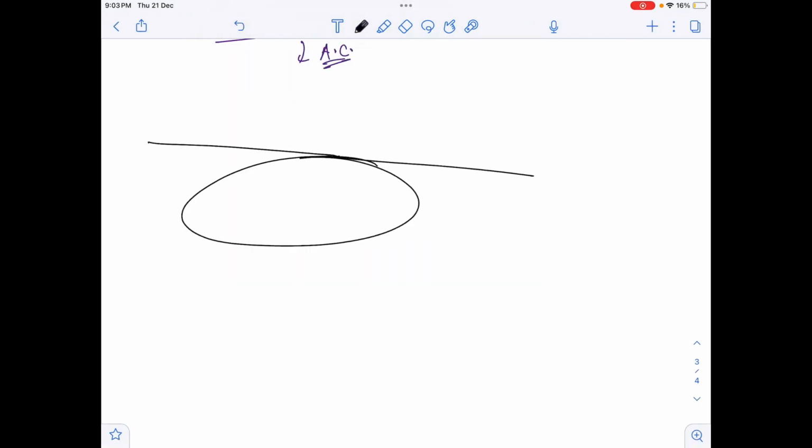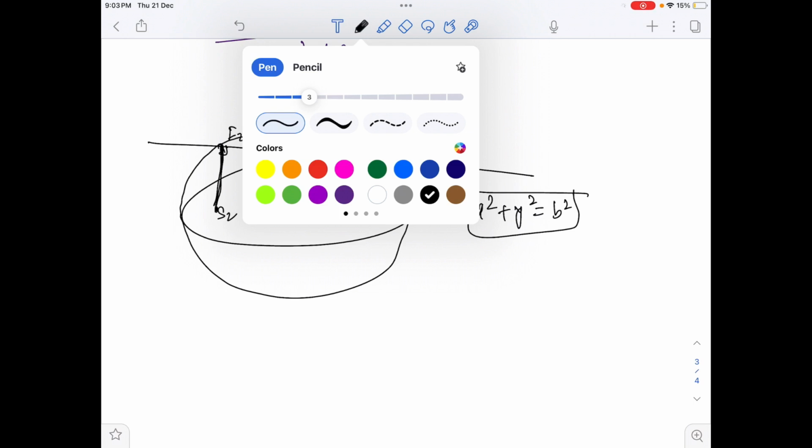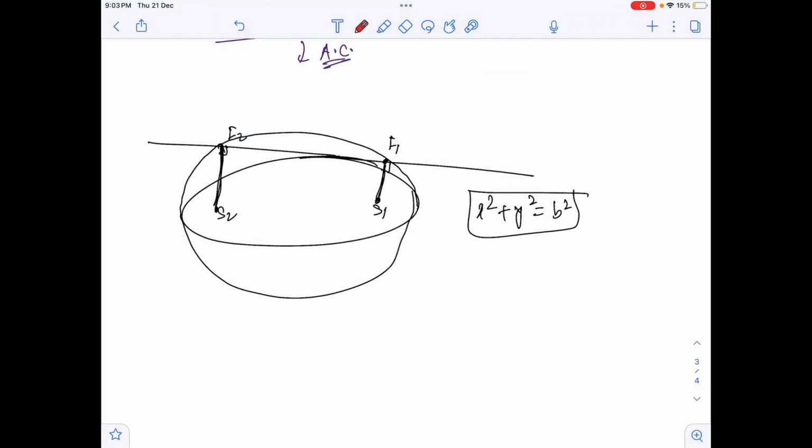So the next target is, if we have an ellipse and some tangent, we have to prove, like we have already shown for F1, that for the other focus F2 also, the foot of perpendicular always lies on the auxiliary circle x square plus y square equals a square. Surprisingly, this result is also exactly the same for the hyperbola, and the proof you can give geometrically in the same fashion.